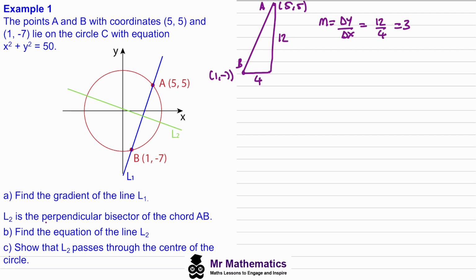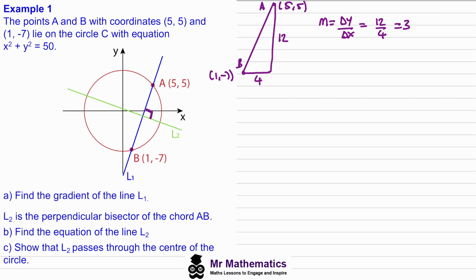So because it's a perpendicular bisector, we know L2 will cut this line segment exactly halfway and at 90 degrees. So because it cuts at 90 degrees, we know the gradient of L2 will be the negative reciprocal of the gradient of L1.